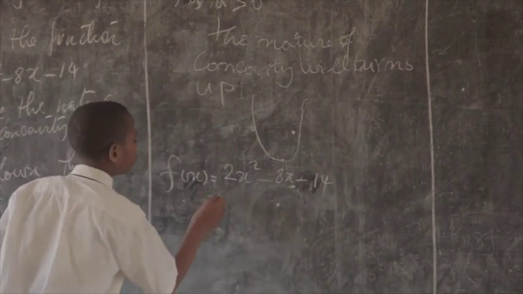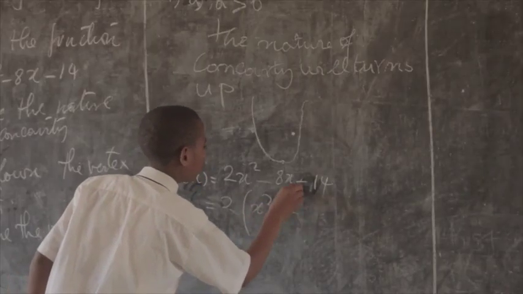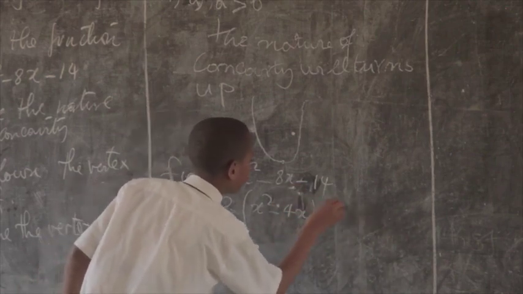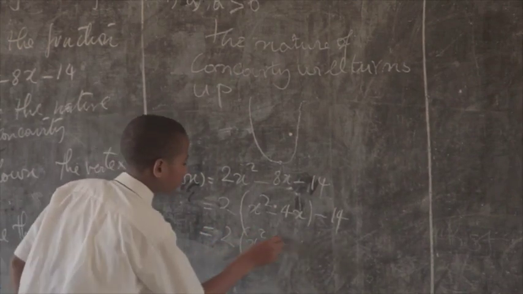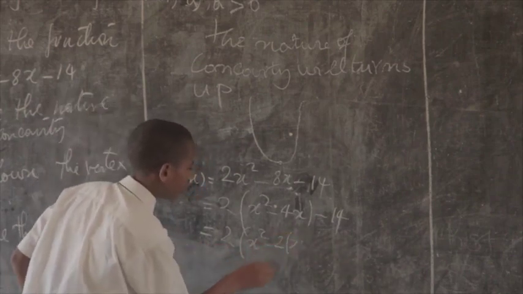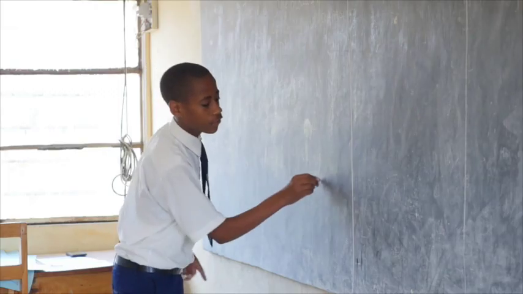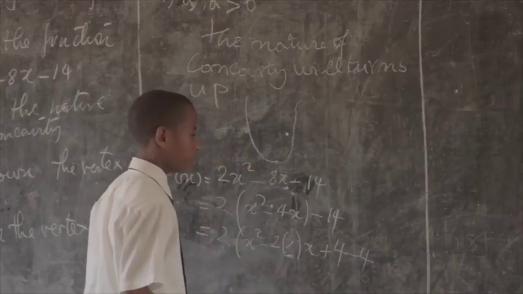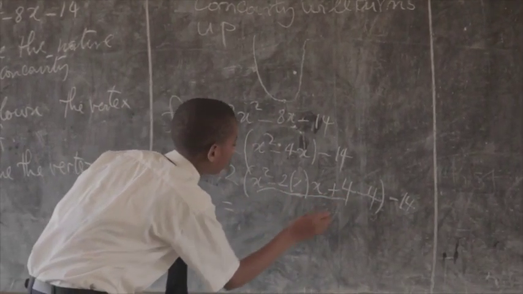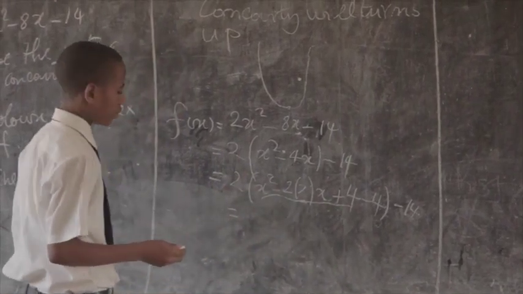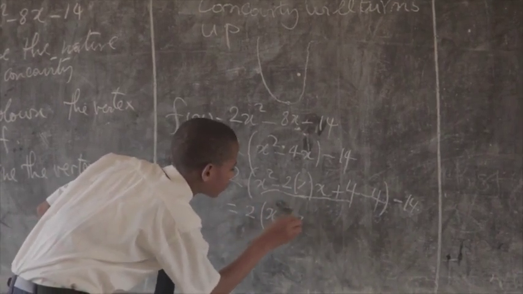This is equivalent to 2 factor of, when factorizing, x squared minus 4x minus 14, which is equal to 2 factor of x squared minus 2 times x times 2, plus b squared, which is 4, minus 4, minus 14, which is equal to x minus 2 squared.